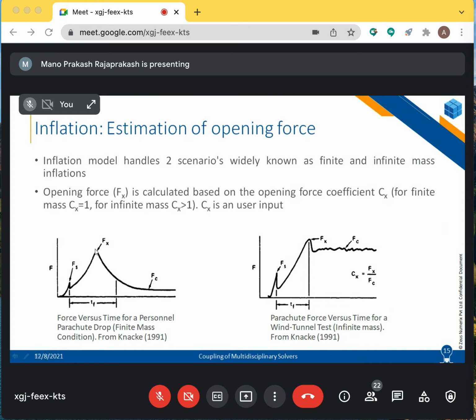That is what we understand from our simulation experience. So it should be very accurately modeled in order to capture the peak force and the time instant, with respect to the start of the parachute inflation, at which I can expect this peak force to occur. These are all very important for a user who is interested in modeling this parachute payload system dynamics.